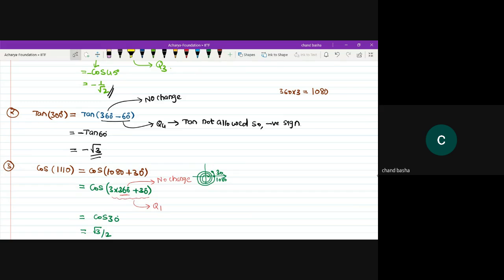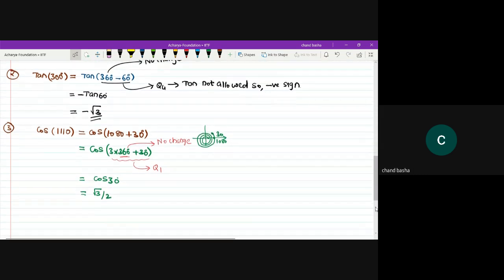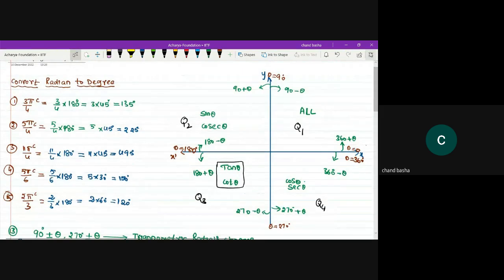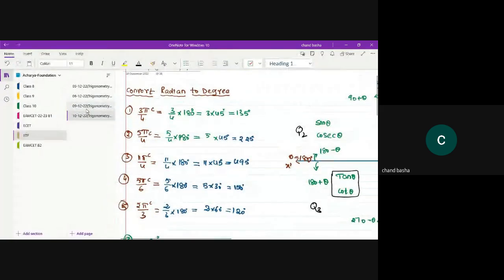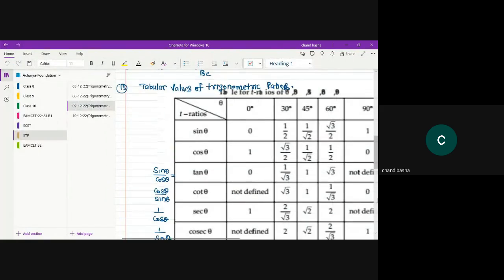Sir, can you explain again how cos 30 is root 3 by 2? It is from the table. Yesterday you were present. I gave the tabular values. So the trigonometric table is there. This is the table that you have to remember. See, the cos 30 value is root 3 divided by 2. Clear?